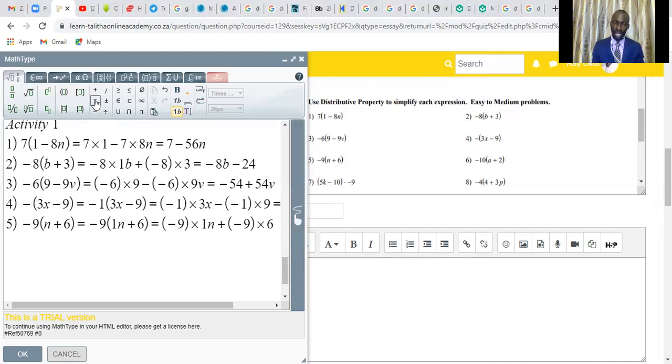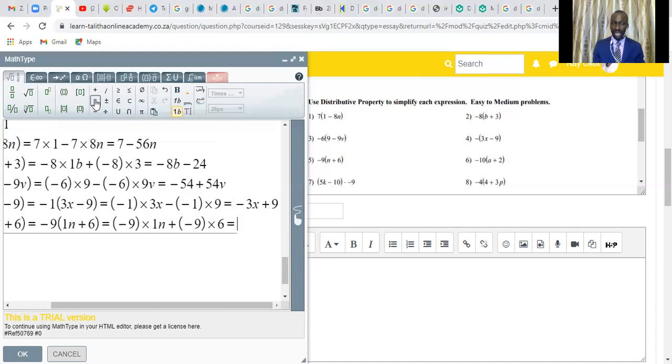When we do that, -9 times 1 remains -9. Any quantity times 1 remains the way it is. We have 1 times -9 giving -9.